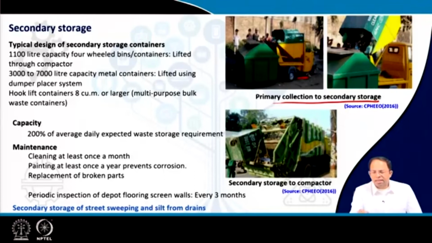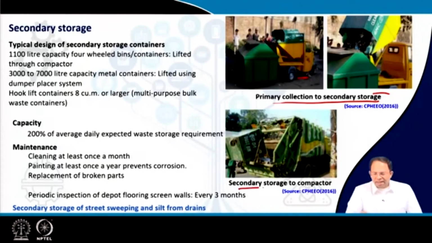It collects waste from door to door, then comes to a secondary storage and puts this garbage inside the container via this tilting mechanism. So the primary collection vehicle has to be designed so that this tilting is possible, or the metal container should be designed so that when the vehicle comes and tilts, the garbage can be easily transferred to the container.